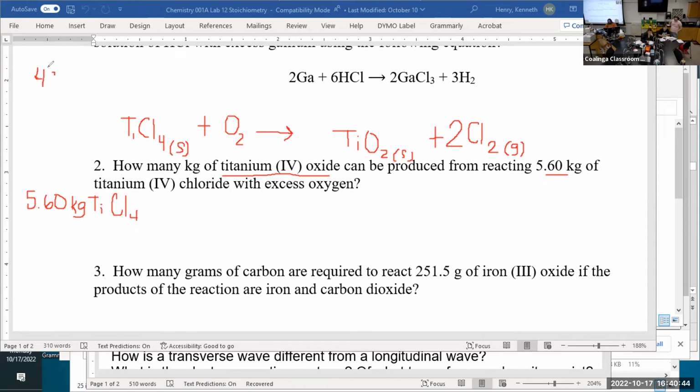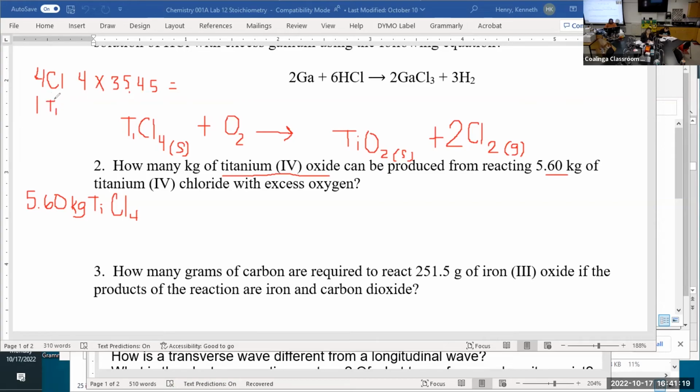So we have 4 chlorines, 4 times 35.45, chlorine. So 4 times that amount. And then we have 1 titanium.